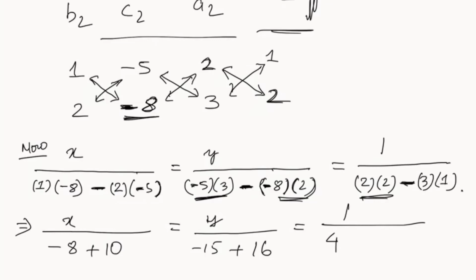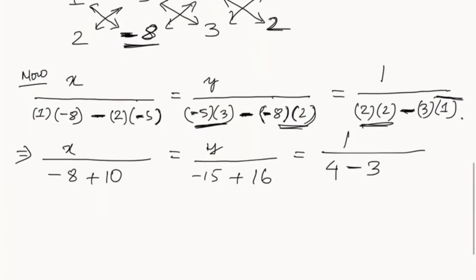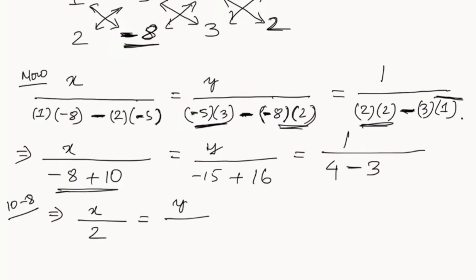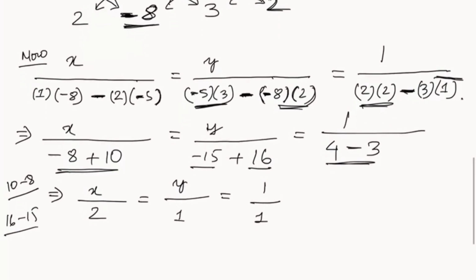There's only one minus here, so minus 3 into 1 is 3. Now let's proceed further. x by minus 8 plus 10, that is simply 10 minus 8, so that's 2, equals y. Minus 15 plus 16, that is 16 minus 15, that is 1, equals 1 divided by 4 minus 3, that is 1.